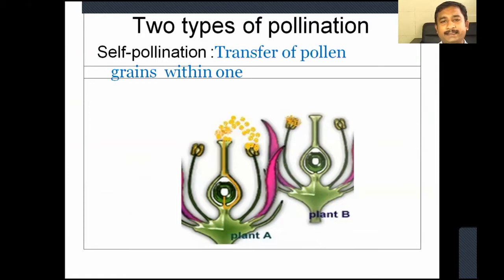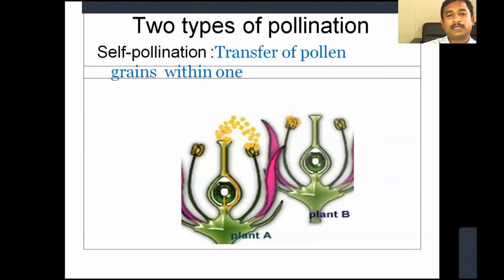In case of self-pollination, there is transfer of pollen grains within the flower itself. For example, this is the anther, and there is a stamen inside there. The transfer of pollen from the anther to the stamen is called self-pollination.